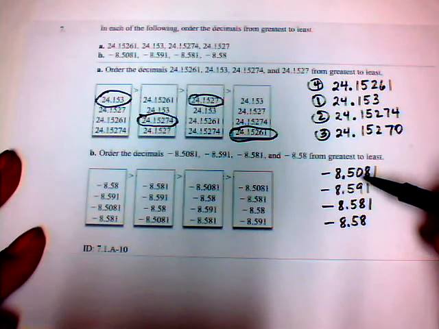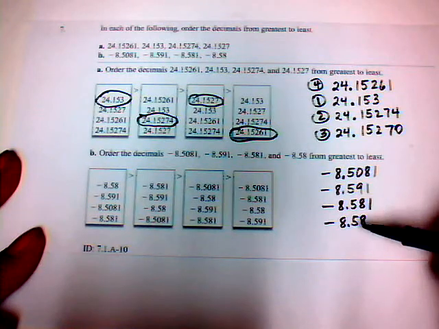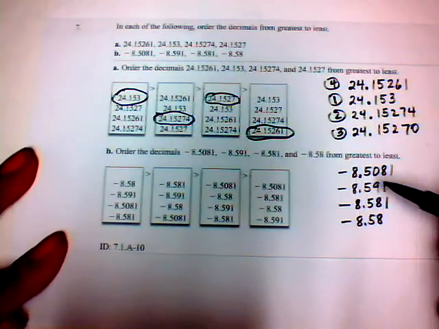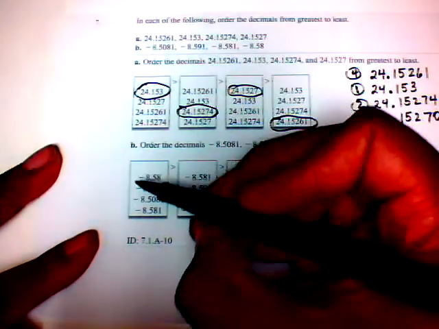This 0 is smaller than 8 and 9, which means that negative 8.5081 is closer to 0 than the others. Okay, so this one will be the greatest. So negative 8.5081 would be the greatest.